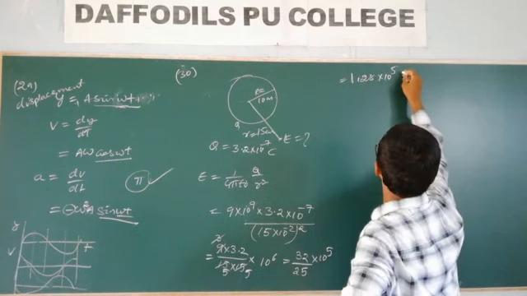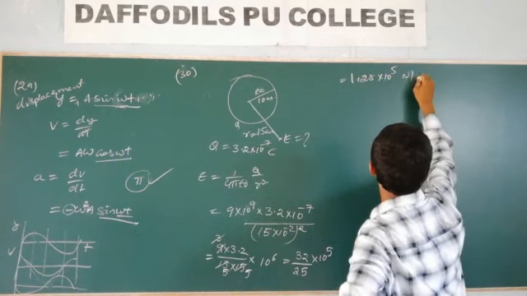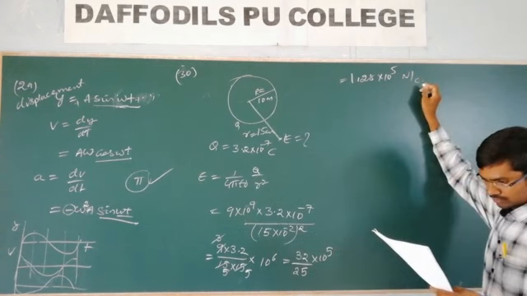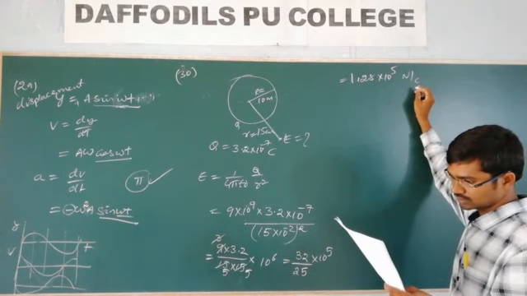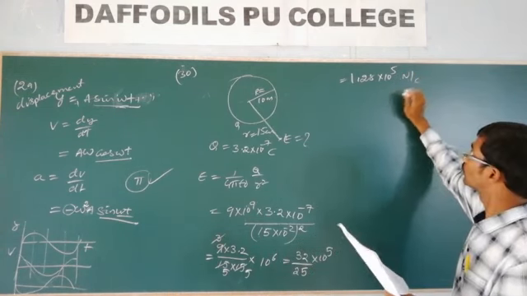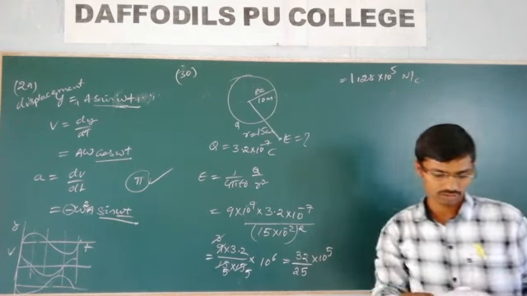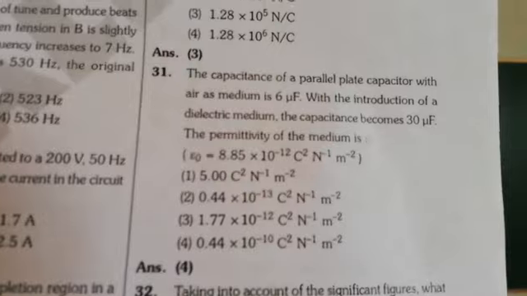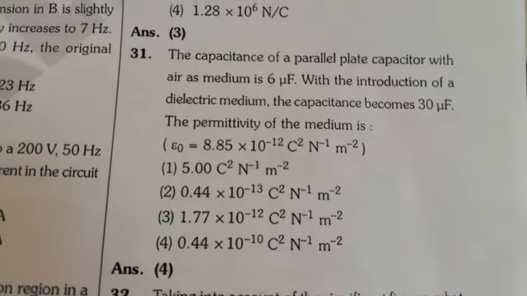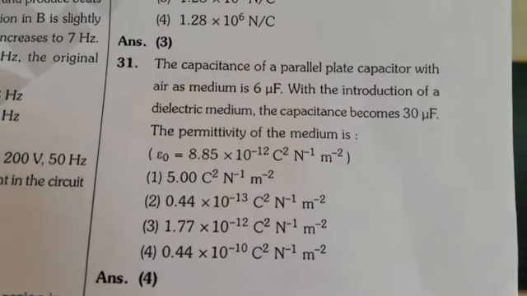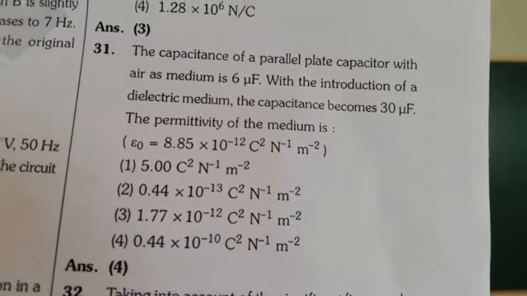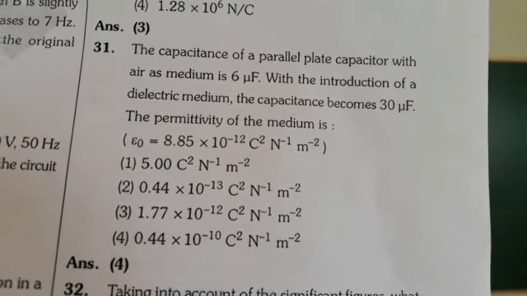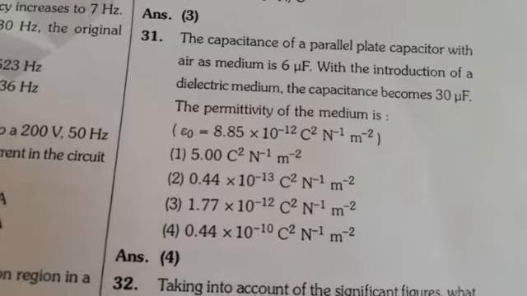Let me write 3.2 as 32 into 10 power 5 by 25. Now 32 by 25 is 1.28 into 10 power 5 Newton per coulomb, which is the third option, 1.28 into 10 power 5. Let us go for the 31st one, which is based again on capacitances.